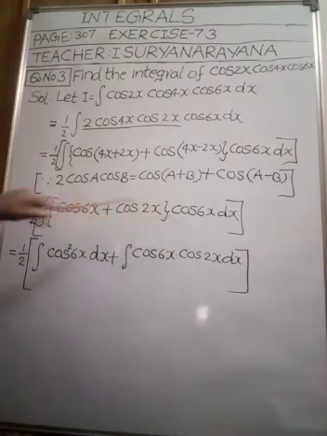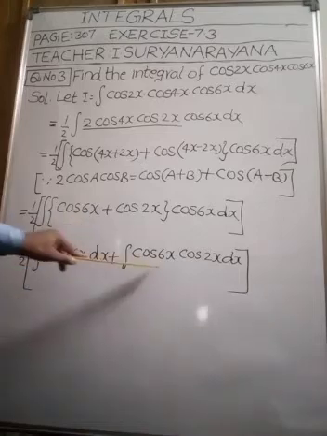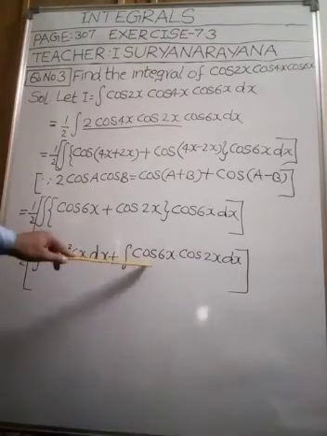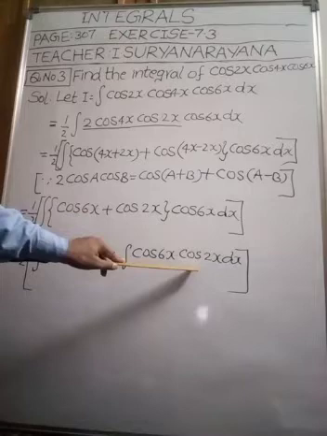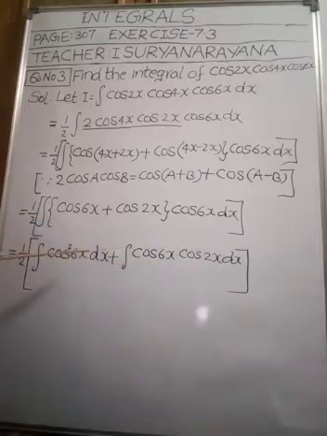By using the distributive property, we get these two terms, cos square 6x and cos 6x into cos 2x. So I directly wrote the integrals of these two terms separately. Understood this step, my children?